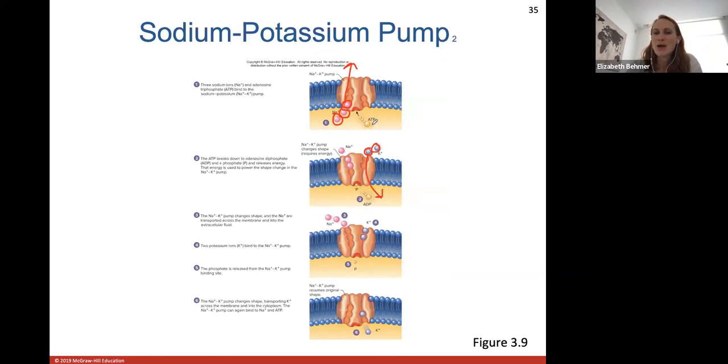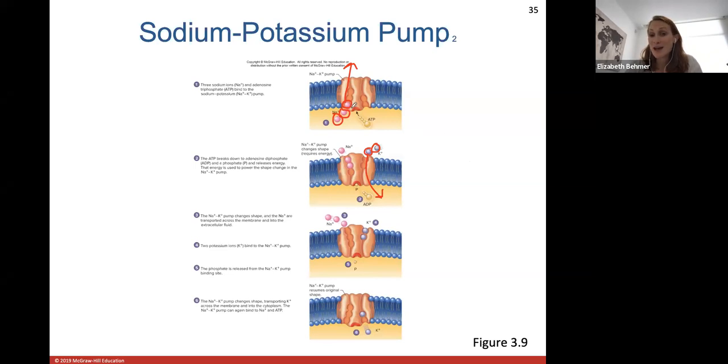And you can see here how ATP attaches to this membrane. It breaks a bond, so it breaks off a phosphate group. And when it breaks that bond, that provides the energy to do this transfer of 3 sodiums out and 2 potassium in. So that's the sodium-potassium pump. It's an active transport process.